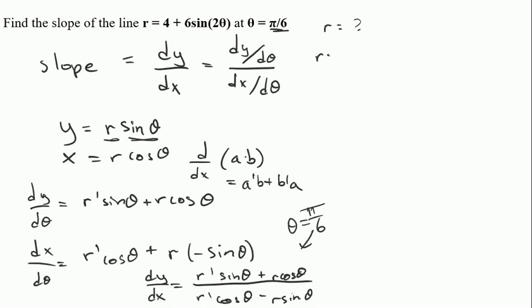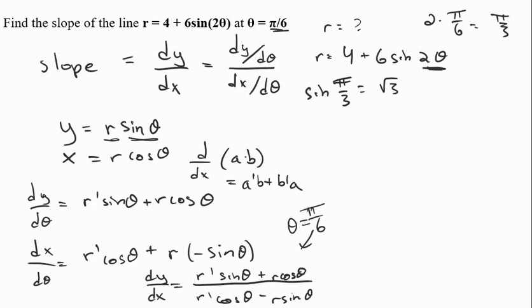Well, r is equal to 4 plus 6 sine 2 theta. We can easily see that 2 times pi over 6 equals pi over 3. And we know that sine of pi over 3 is equal to rad 3 over 2.